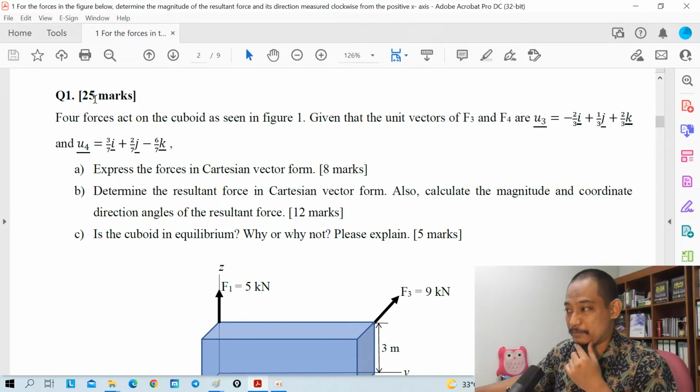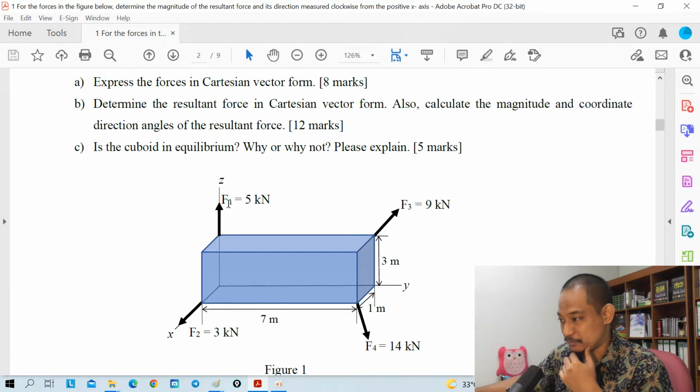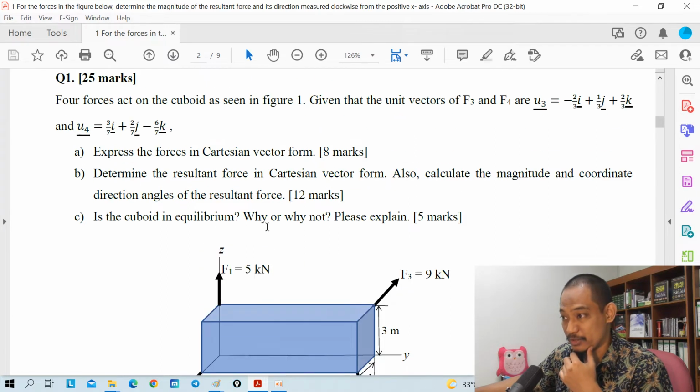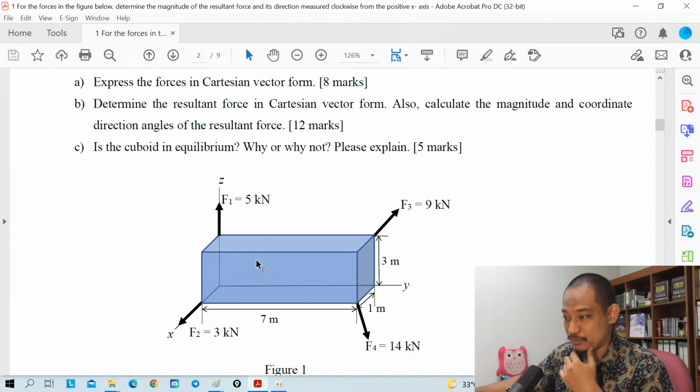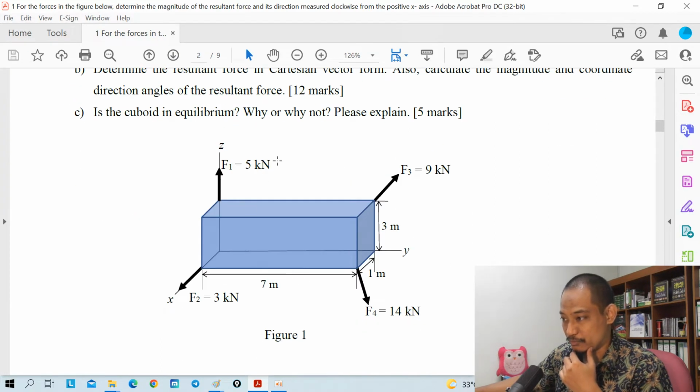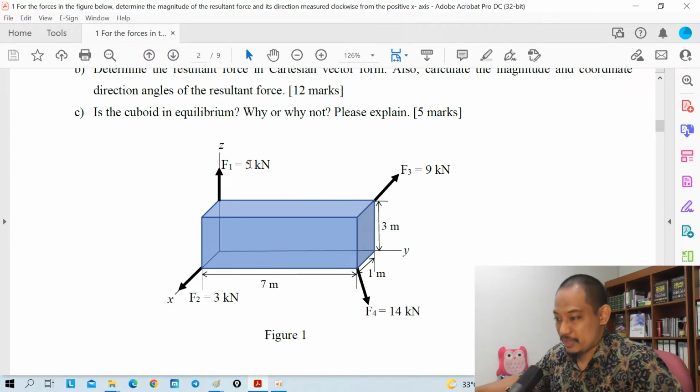Now, question 1. So 4 forces act on a cuboid as seen in figure 1. So this is figure 1. This is a cuboid, and it says 4 forces. So we have F1 here 5 kilonewton, F2 here 3 kilonewton, F3 9 kilonewton, F4 14 kilonewton, and the dimension is given.